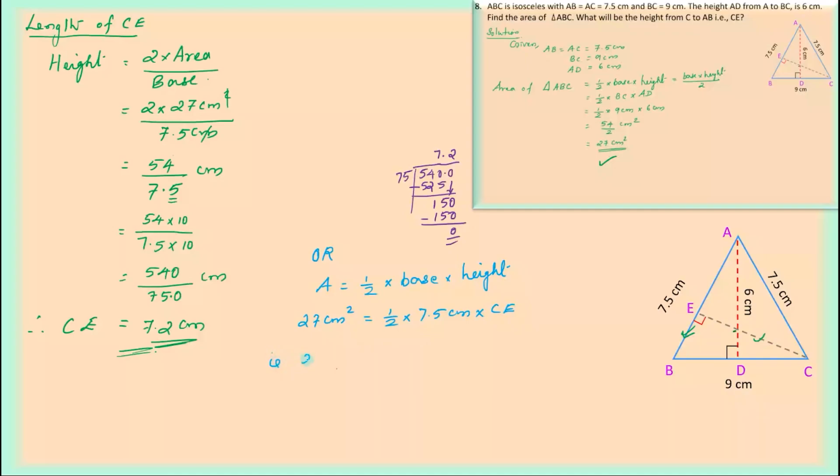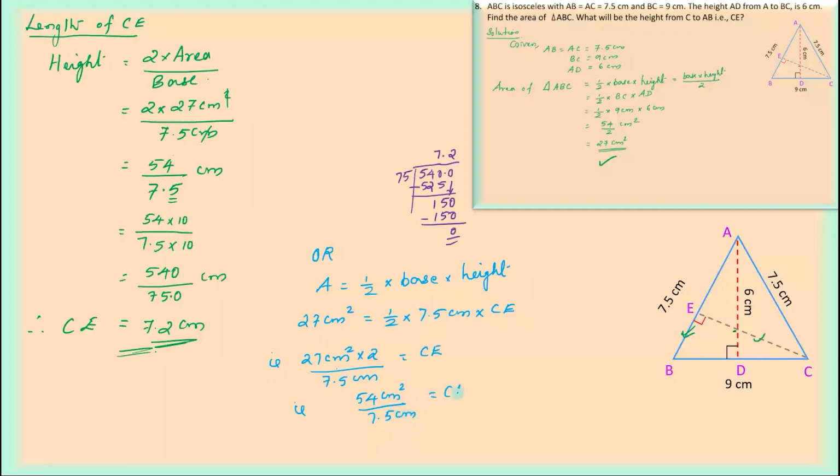Now this 2 is in the denominator, so it will be in the numerator here, then divided by 7.5 centimeter, that is equal to CE, that is 2 into 27, that is 54 centimeter square divided by 7.5 centimeter.